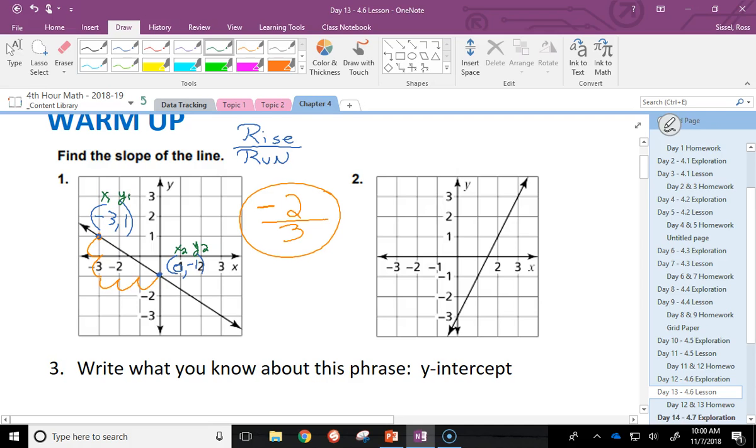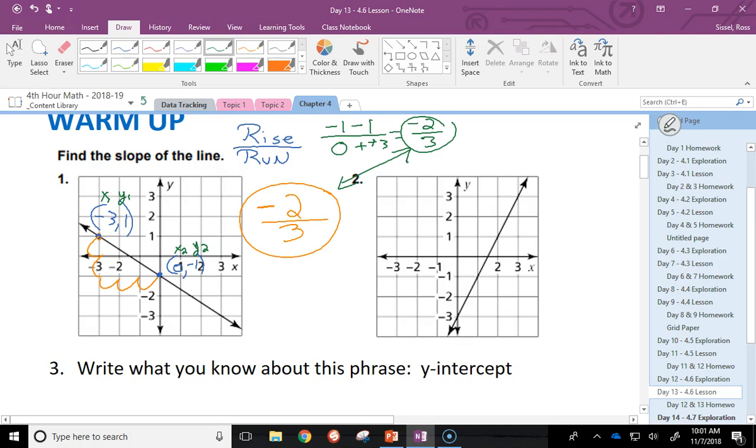So y2 was -1, x2 was 0. You subtract y1, which was 1, and x1, which was -3. When you solve that, -1 minus 1 is -2. 0 minus -3, well, that's like adding a positive. 0 plus 3 is 3. We would have got the same answer. So you could do it either way to find slope.